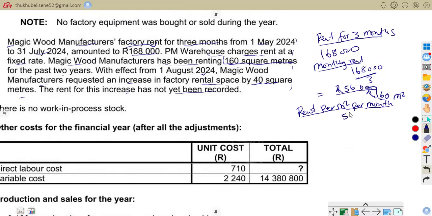That is 56,000 divided by 160. So rent per square meter per month, that is 56,000 divided by 160, because this rent is for the 160 square meters. And this will give us how much?